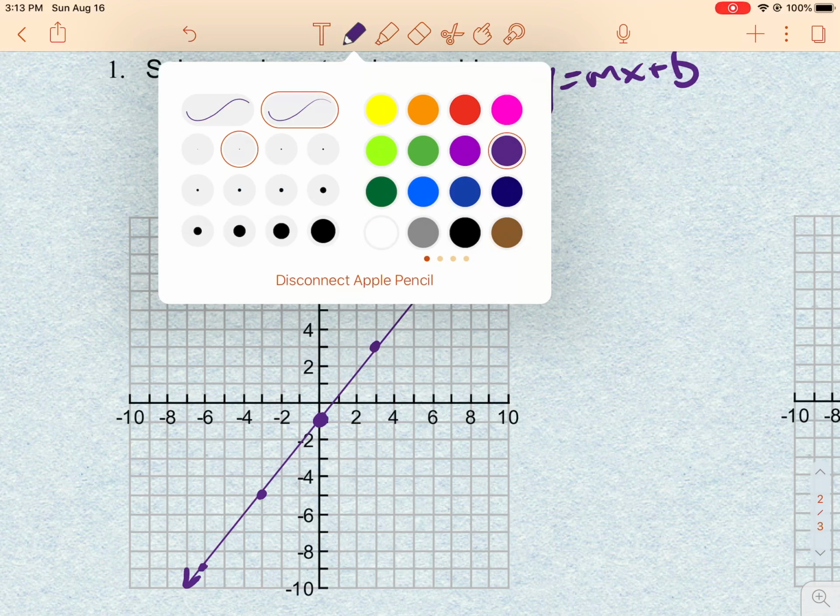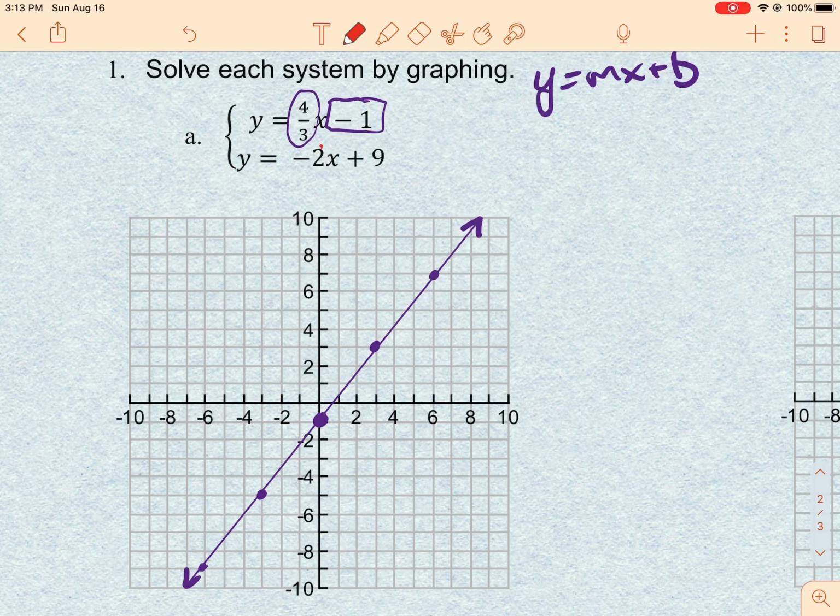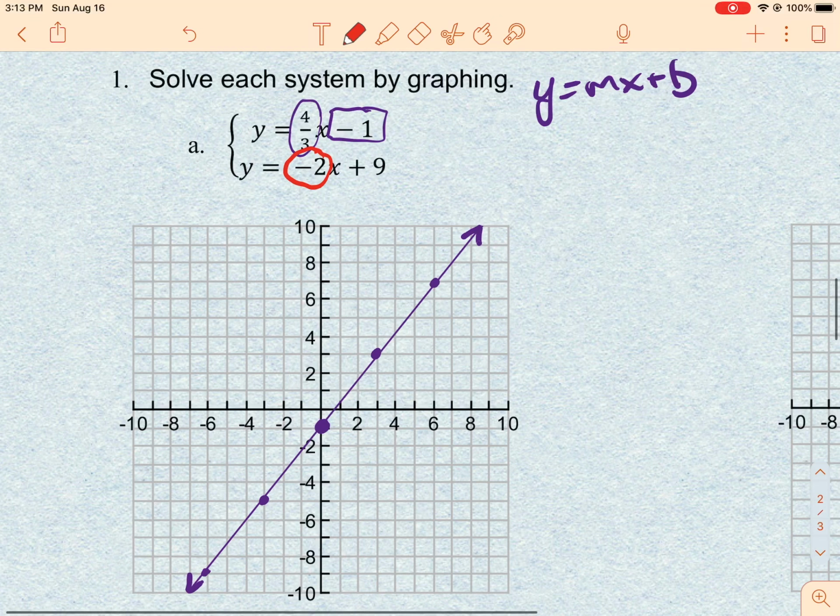If we take a look at the second line, we know the slope, because it's already in slope-intercept form, is the number that's in front, so the -2, and then the y-intercept is the +9. So that's telling you that you're starting at 0, 9, and then the slope of -2 means down 2 and to the right 1.